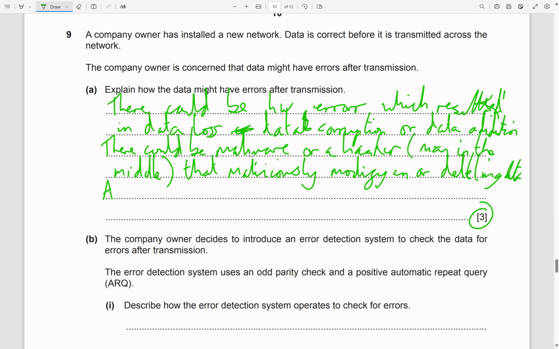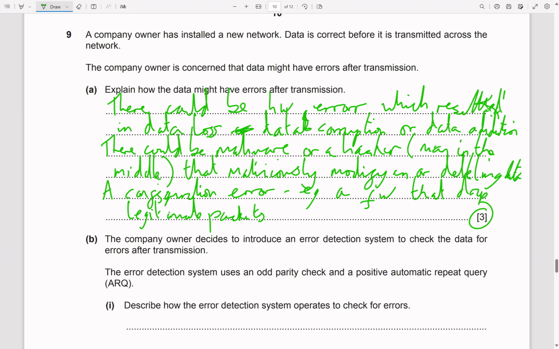So let's mention that, a configuration error, e.g. a firewall (FW) dropping legitimate packets. Basically it's flagging these legitimate packets as malicious or illegitimate by mistake.